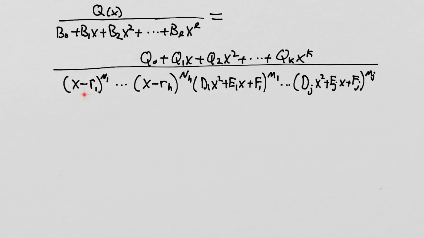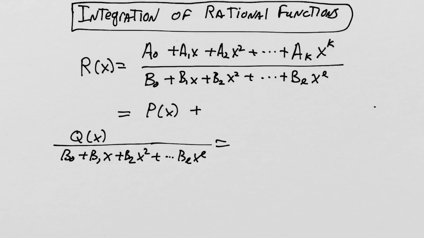And there'll be h of these real roots, and then the complex roots are bound up in these quadratic terms, these irreducible quadratics that can't be factored into two real roots. These are the complex conjugate pairs, and they also come with a multiplicity. So now we need to be able to integrate this, as I just explained over here.